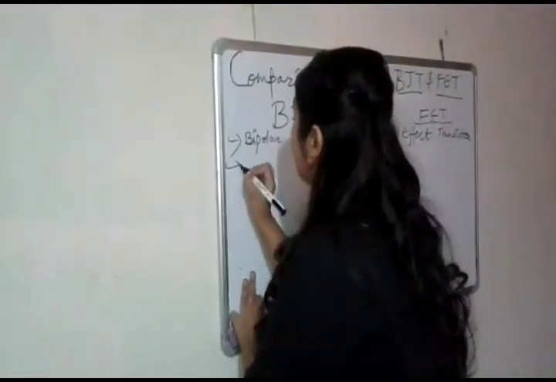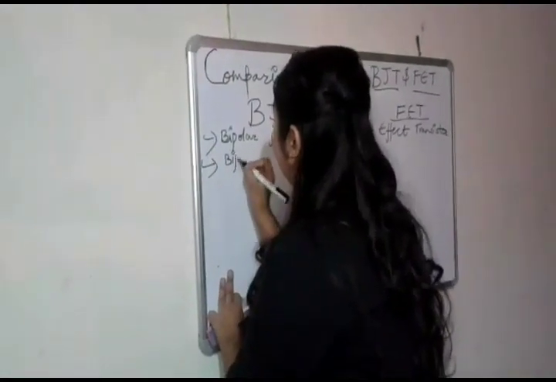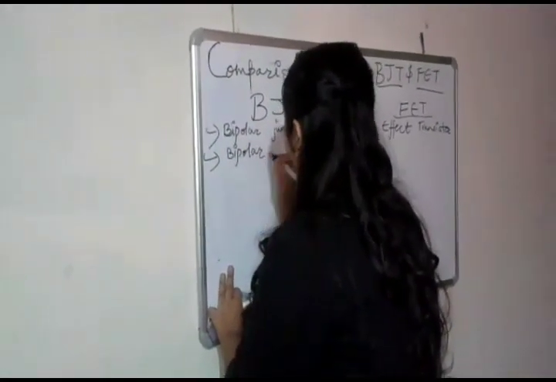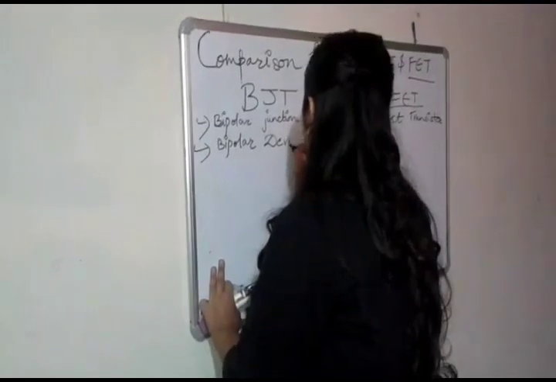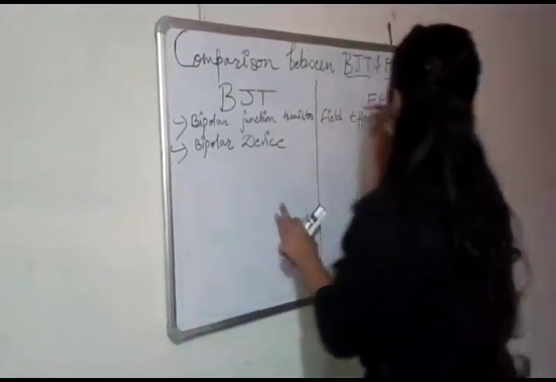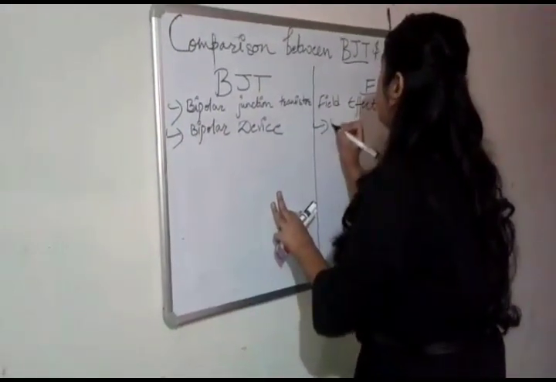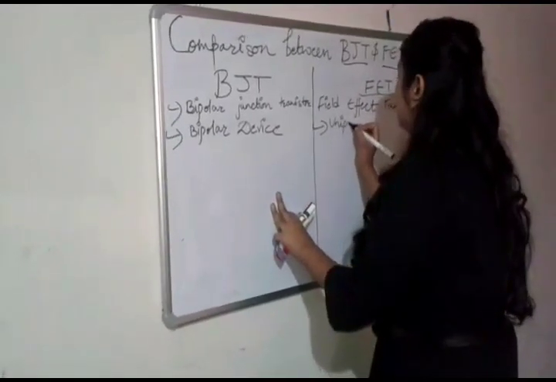BJT is also known as a bipolar device, and FET is also known as a unipolar device.